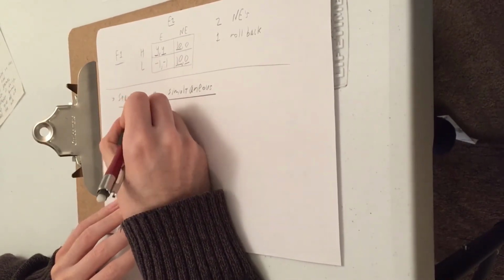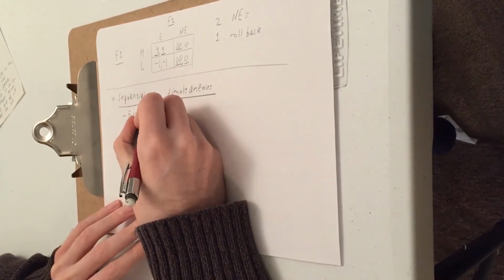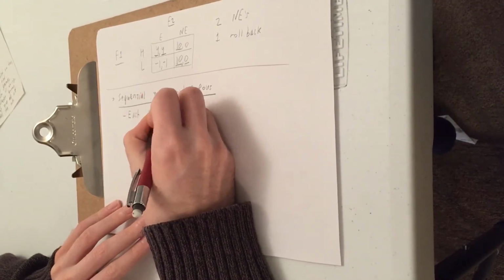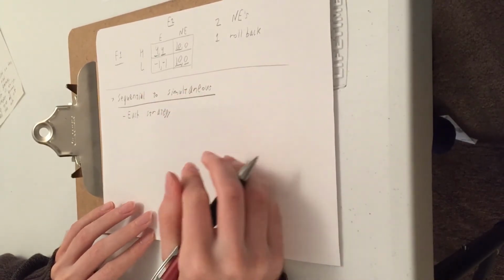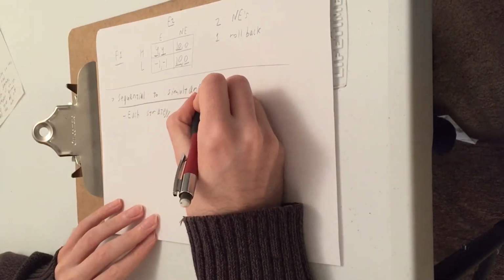So we learned earlier what the definition of strategies was for sequential games. So we take each one of those strategies and make them either a row or a column in the table when you're setting up as a simultaneous game.